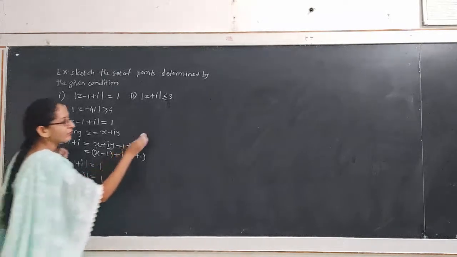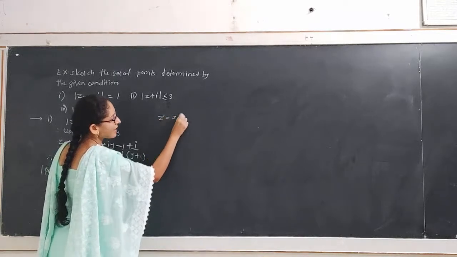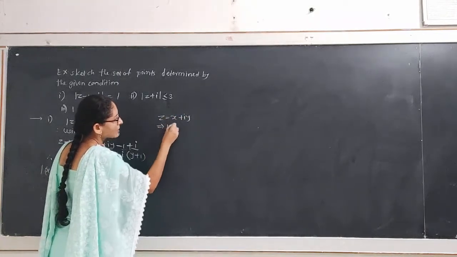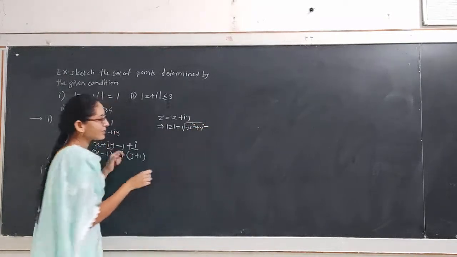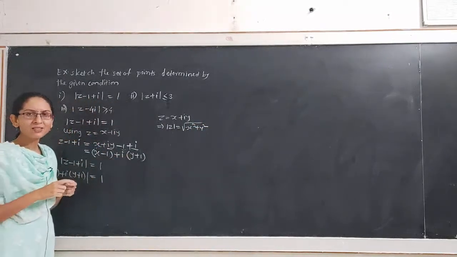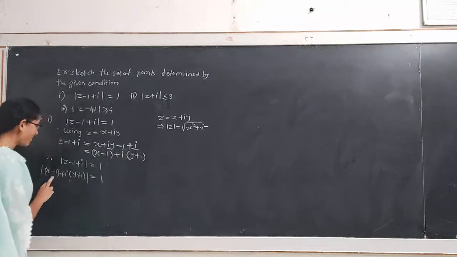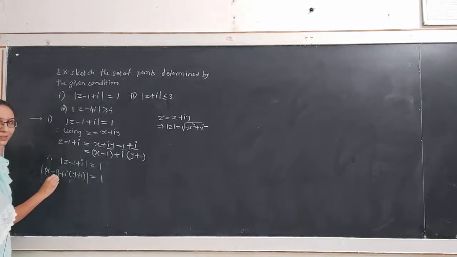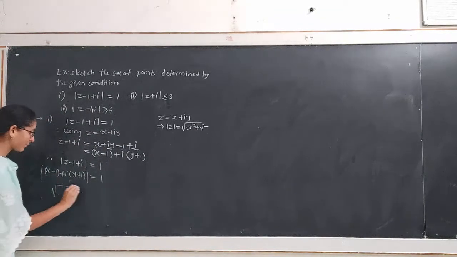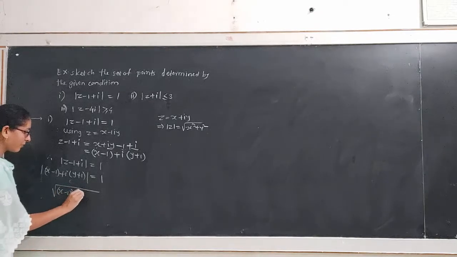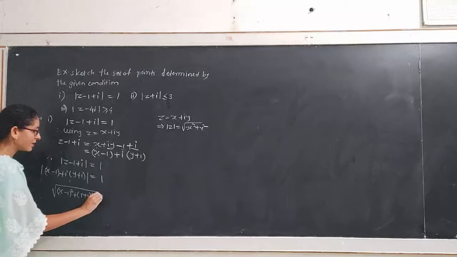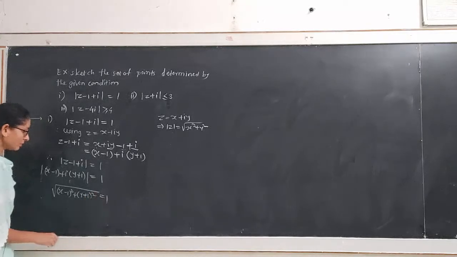We know if z is x plus iy, then mod z is root of x square plus y square, that means the square root of real part square plus imaginary part square. Here the real part is x minus 1. This gives us root of x minus 1 square plus y plus 1 square is equal to 1.